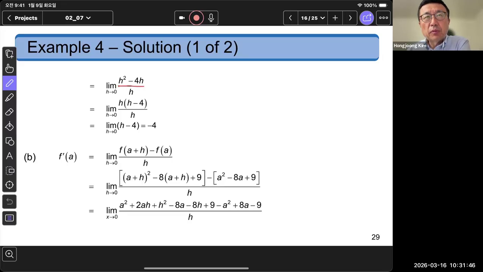If we look at this numerator, each term has h in common, so I can rewrite the numerator as h times h minus 4, and the denominator is h, and I'm letting h go to 0.